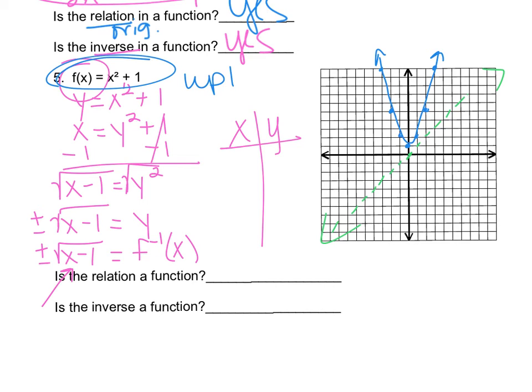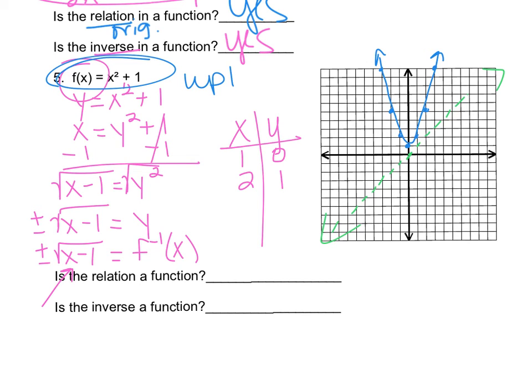That's imaginary. So I'm going to plug in the smallest number I can plug in to not get a negative, which would be a 1. If I plug in a 1, 1 minus 1 is 0. So square root of 0 is 0. Then I'm going to plug in, let's see, 2. Let's see if 2 would work. 2 minus 1 is 1. Square root of 1 is 1. And then let's think about 3.